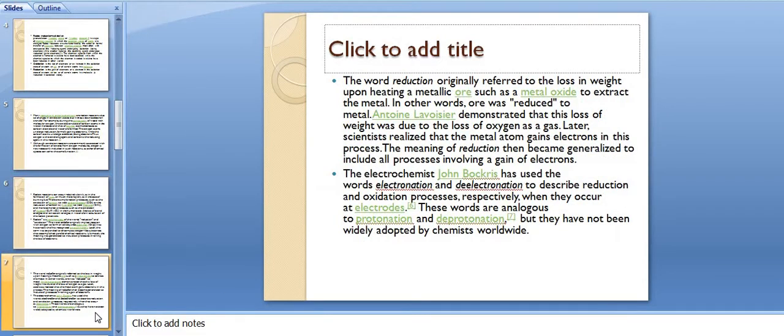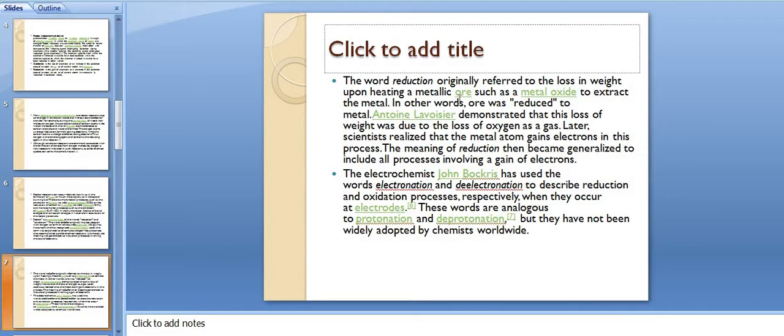The word reduction originally referred to the loss in weight upon heating a metallic ore such as a metal oxide to extract the metal.